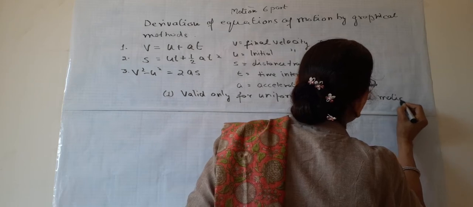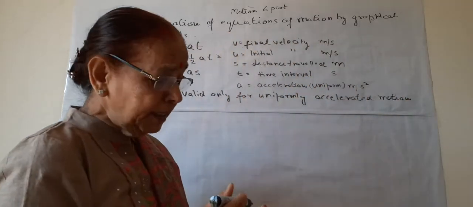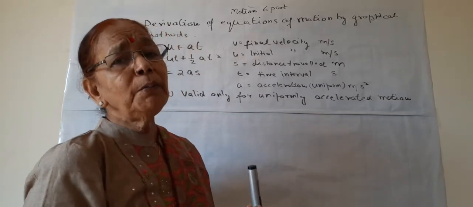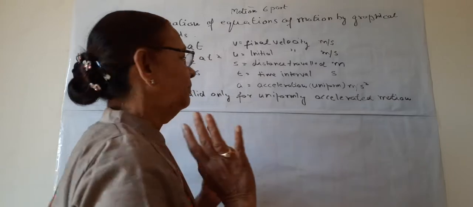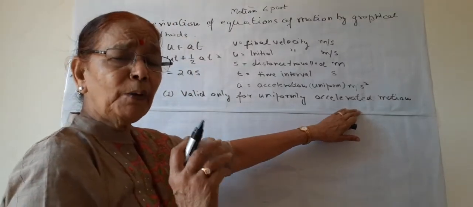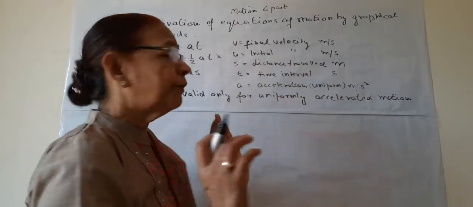It means the acceleration should be uniform. It means the change in velocity should be uniform per unit time. So these are valid when the acceleration is uniform. In non-uniform acceleration, they are not valid.